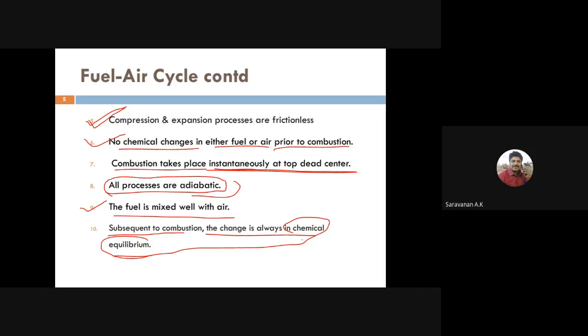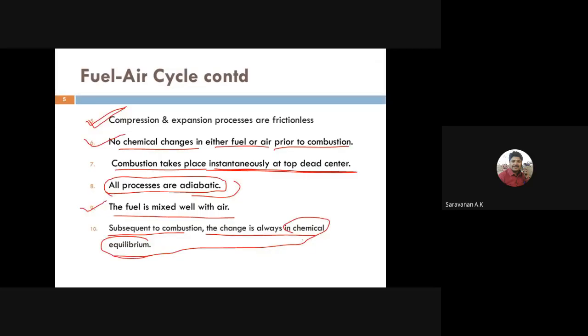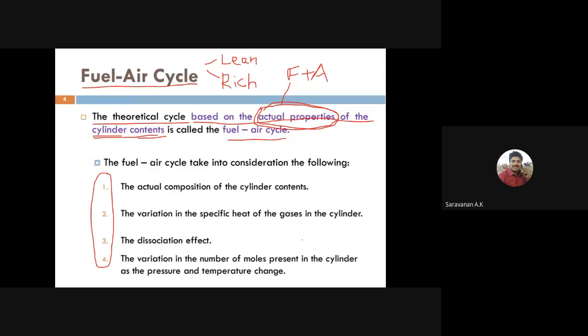So one is the values of the properties of the working fluid, the non-instantaneous burning and the valve operations. These are the reasons or factors that cause the reduction in efficiency, right?